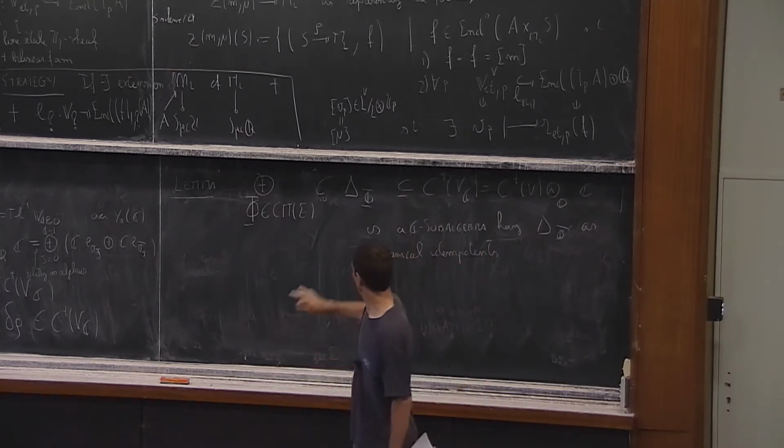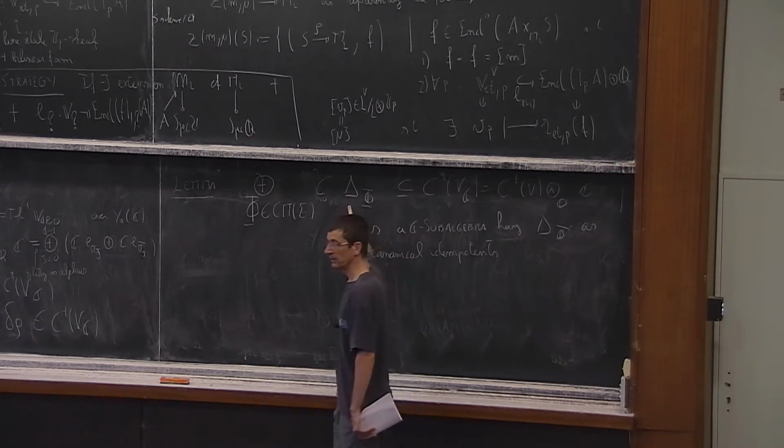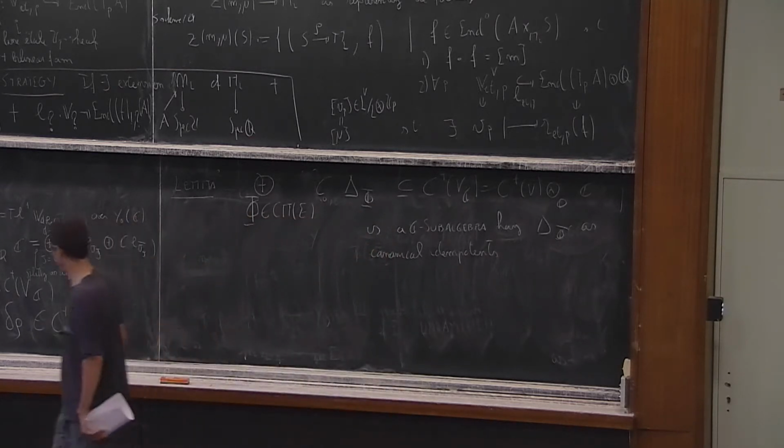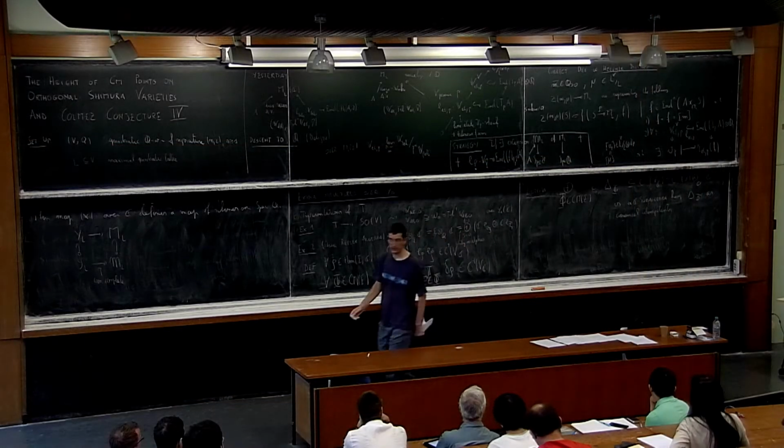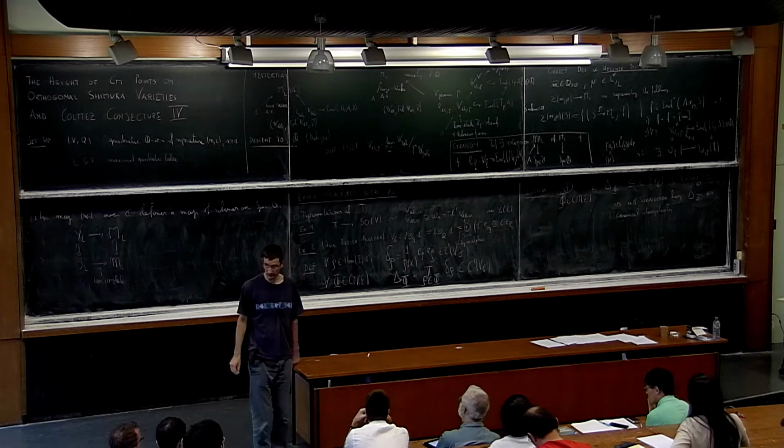Meaning that each of them is an idempotent element. The product of two different ones is 0, and the sum is 1 in the even Clifford algebra.